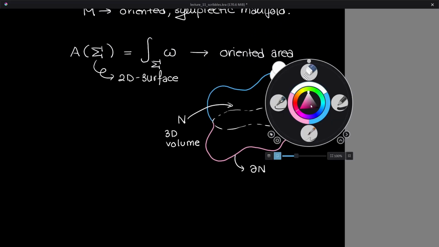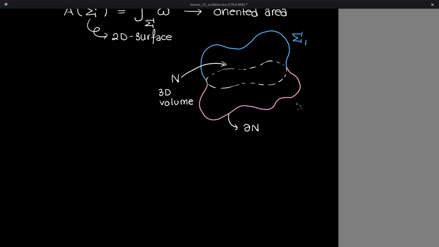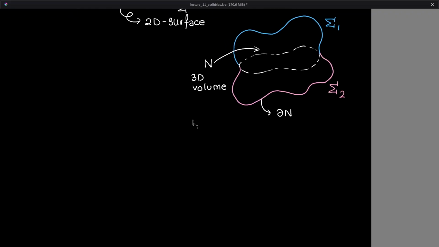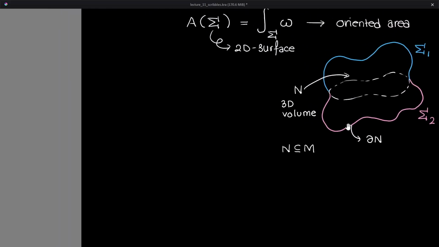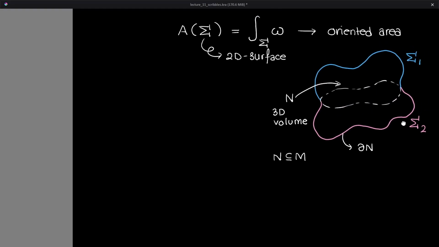And so if we call this one sigma 1, then we can call this one sigma 2. And you can think of this as a submanifold of some bigger manifold that it's embedded in, so that N is a subset of M, right? So what happens in this situation? Let's think about the symplectic areas of the blue surface and the pink surface.